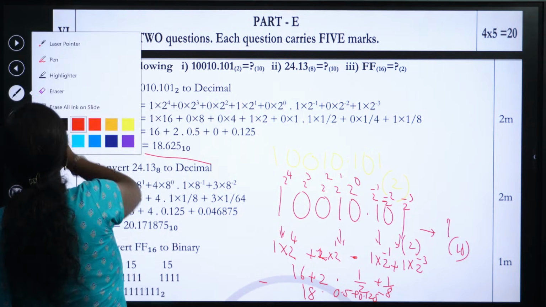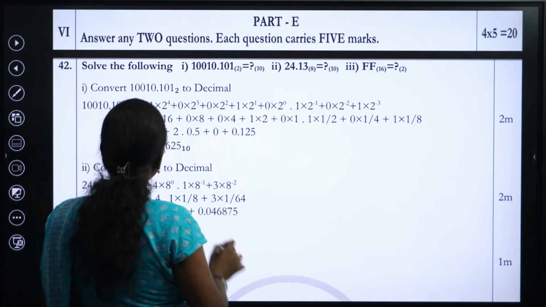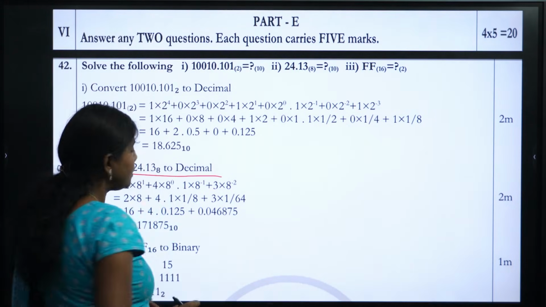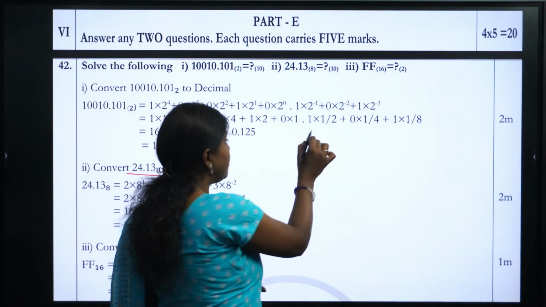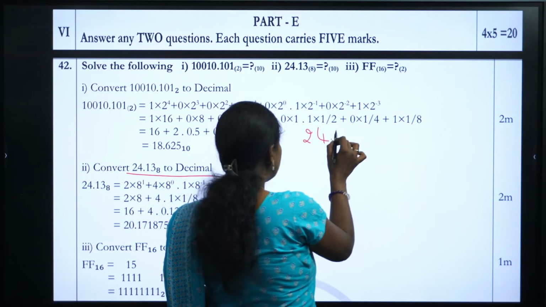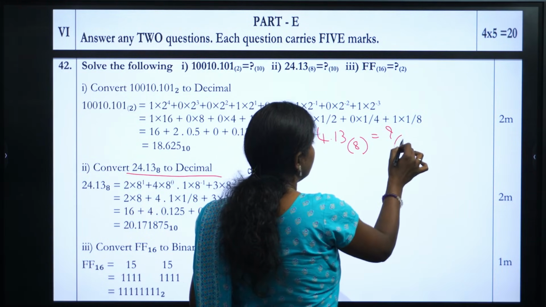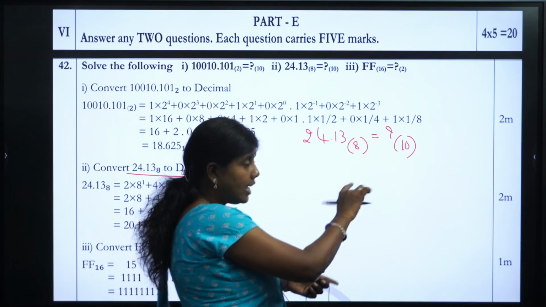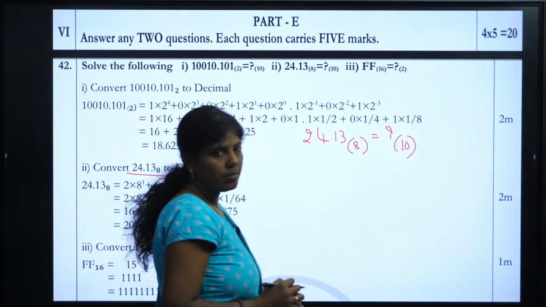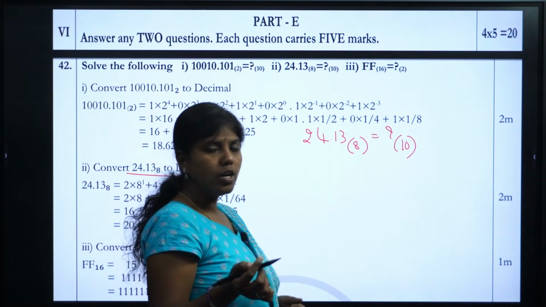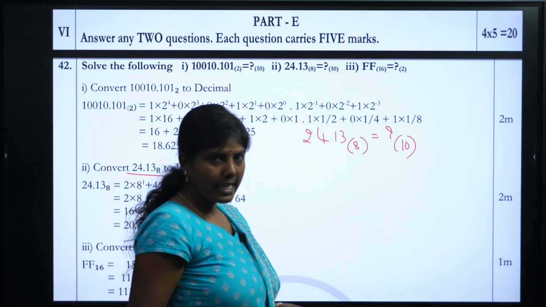Let me just erase this and check. So what we have, this is going to be 24.13. Let me write the question. You write the question properly so that you will have clarity. See, this I have to convert into this. Any other number system to decimal means multiply in terms of 2, 8 and 16, right?